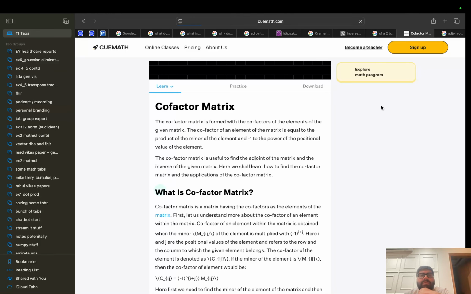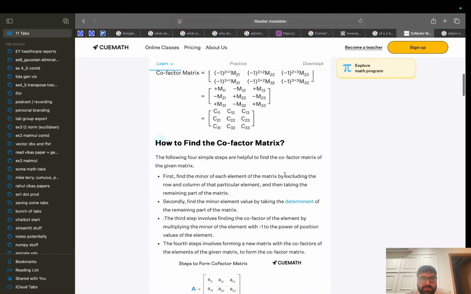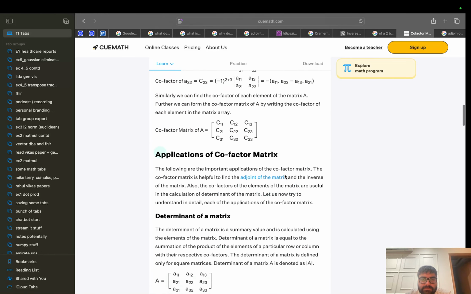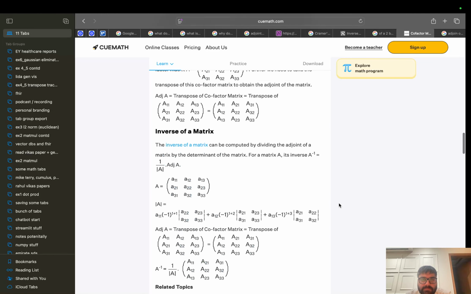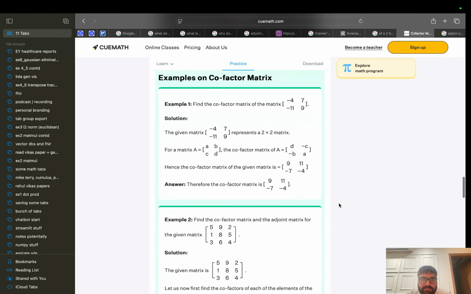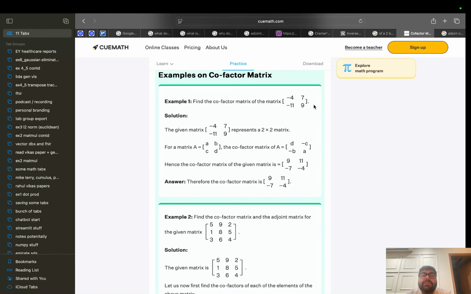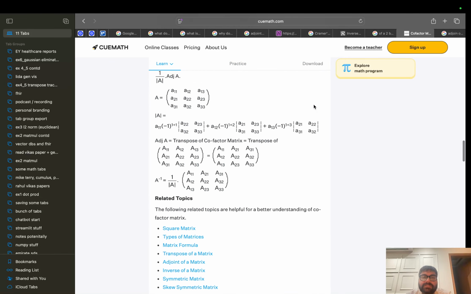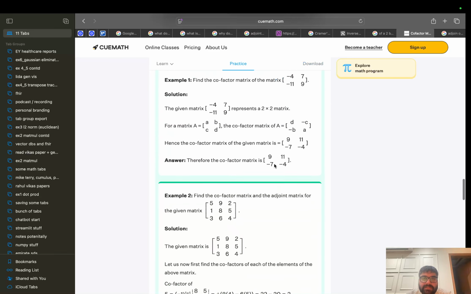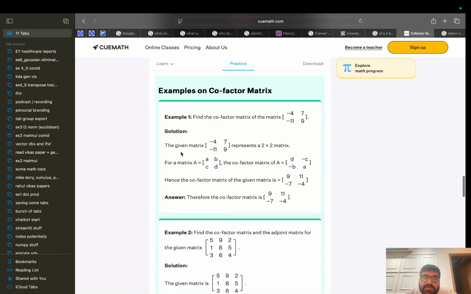Let's visit QMath because I remember having come here earlier. All the examples it gives us of cofactor matrices of 3x3s, that's in the explanations, but there's an example here.